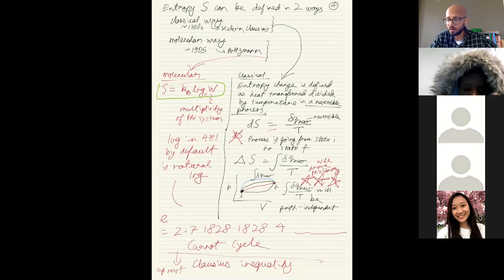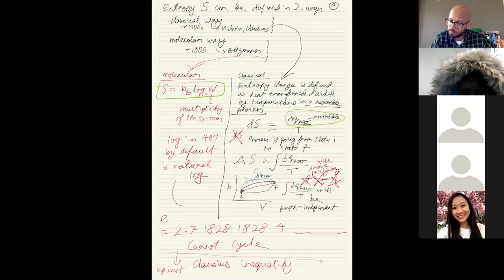What is more important and actually harder to get is the classical way, which says that the work done on a system depends on path. Even if you do it reversibly, it's always going to depend on path. But if you divide it by the temperature, then it becomes path independent. dS is equal to delta q reversible by temperature, which is path independent.